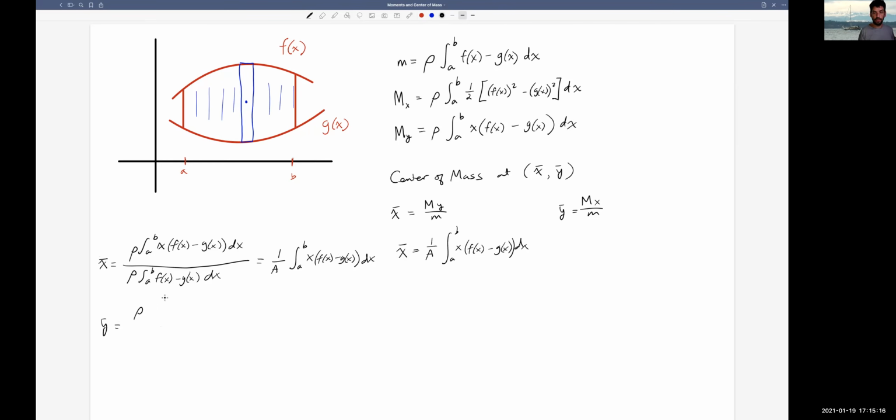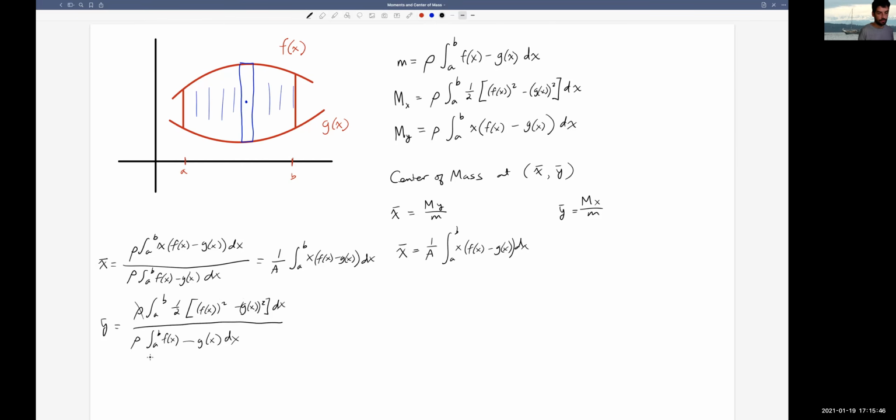We get rho times the integral from a to b of 1/2 f of x squared minus g of x squared dx, over rho times the area given by this integral.